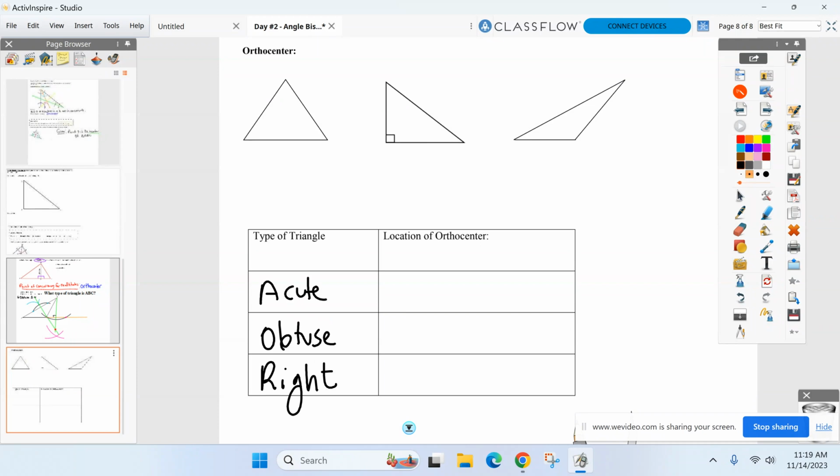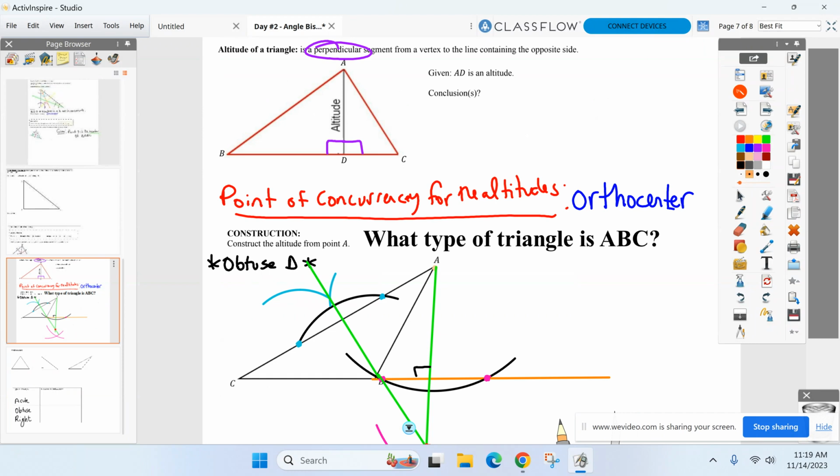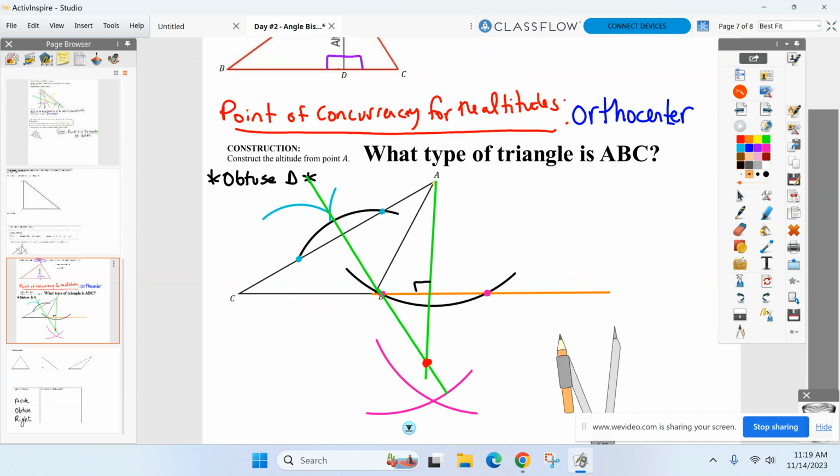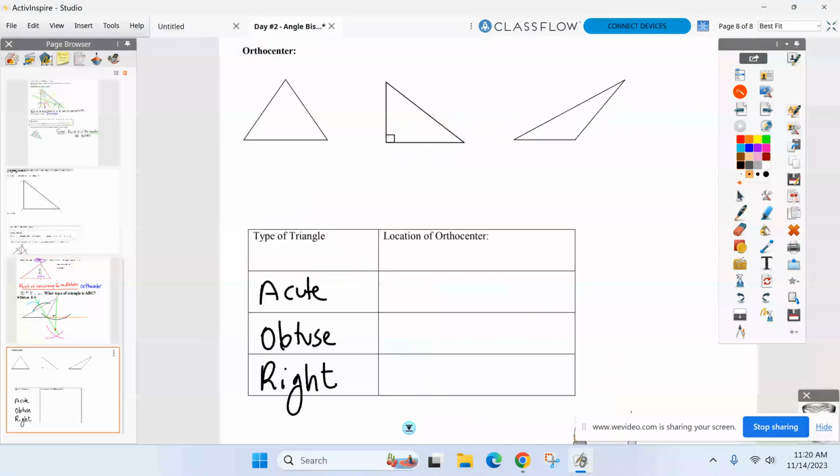Because we just did that one. If a triangle's obtuse, where would the orthocenter always be located? Somewhere on the outside of the triangle, correct. So if it's obtuse, your orthocenter will be somewhere on the outside.